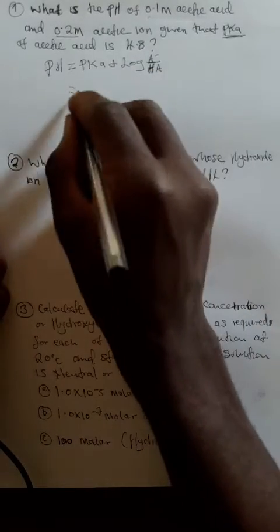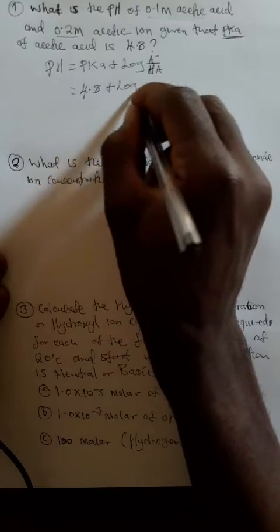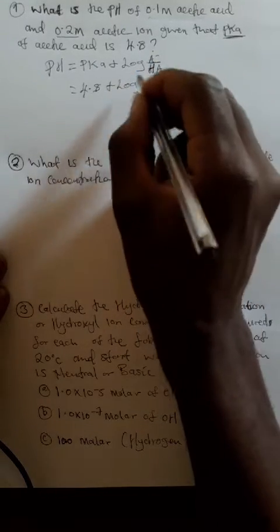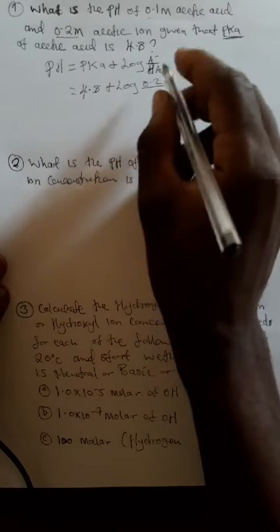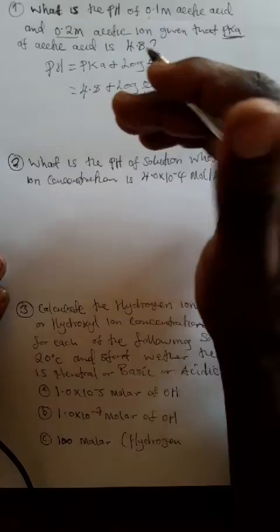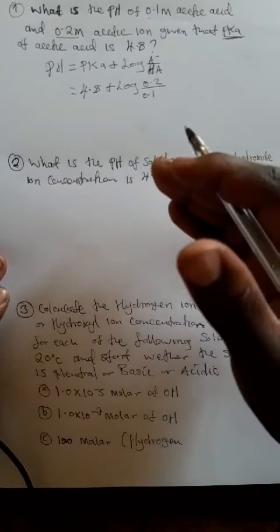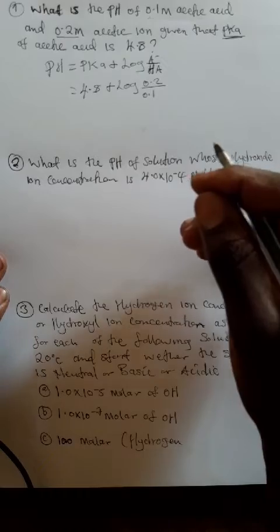So for pKa value, it's 4.8 plus the log of the conjugate base, it's 0.2, over the weak acid, it's 0.1. So remember, master the formulas and then put the right values in that formula.